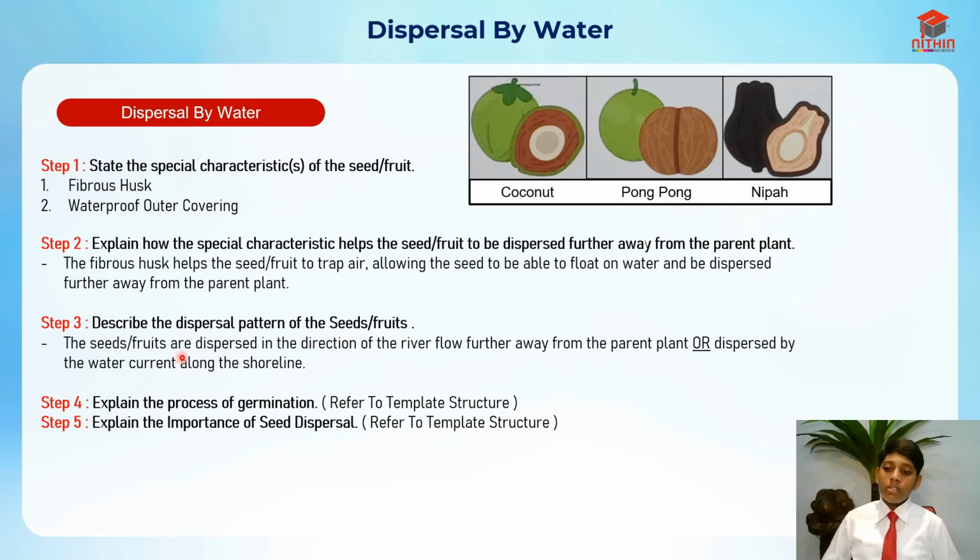The seeds or fruits are dispersed in the direction of the river flow further away from the parent plant, or dispersed by the water current along the shoreline. Like I said, I went through all of this, and this is just a quick recap for you guys to remember and keep in your brain. And step 4 and 5 just refer to the template structure that I have provided in this video as well. Now let's move on to the next dispersal method.